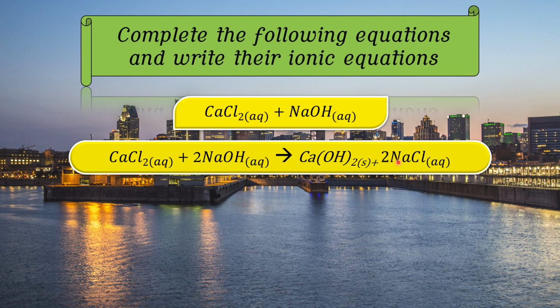Now we know after writing the complete equation, we are supposed to write the ionic equation. And writing the ionic equation, we break down all the aqueous solutions and we write the ions that we find there, apart from the solid. Calcium hydroxide will not give us ions because it is in a solid form.